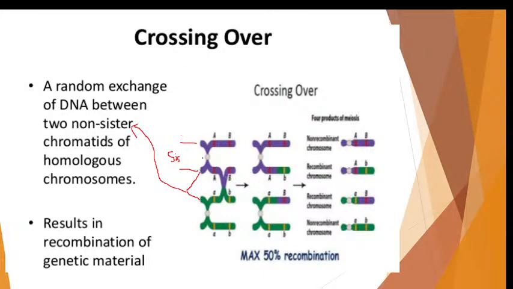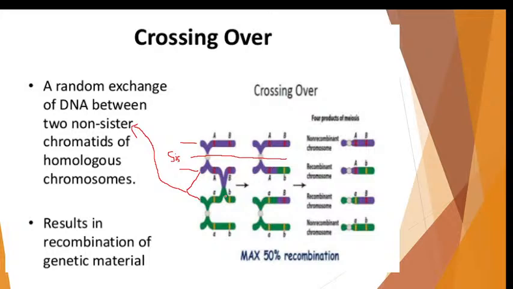When crossing over occurs, you can see here these two chromosomes will undergo crossing over. These are the non-recombinant chromosomes, the purple ones, the top layer. These two will not undergo any recombination, and these two non-sister chromatids which lie very close to each other undergo crossing over, and that results in recombination, which results in the variation of the chromosomes.